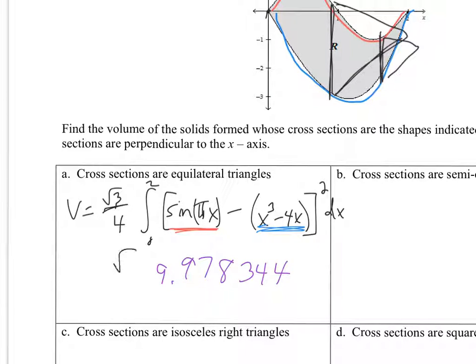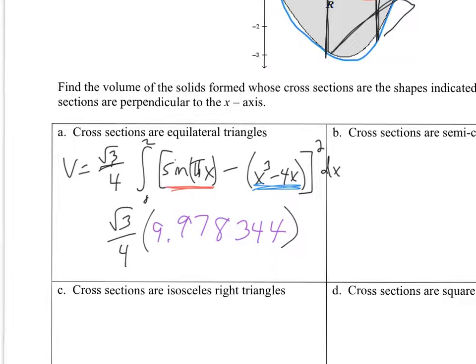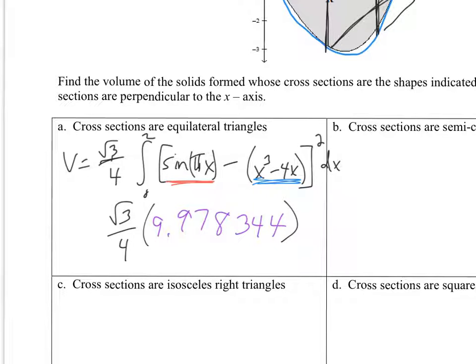And that's being multiplied by radical 3 over 4. So my final answer there is actually 4.321. Hey, that's a pretty cool number, guys. 4.321 units cubed.